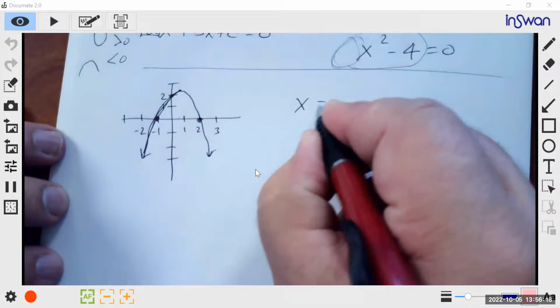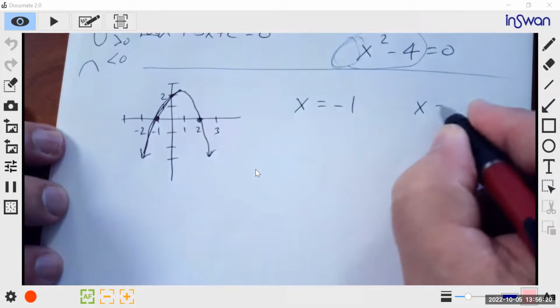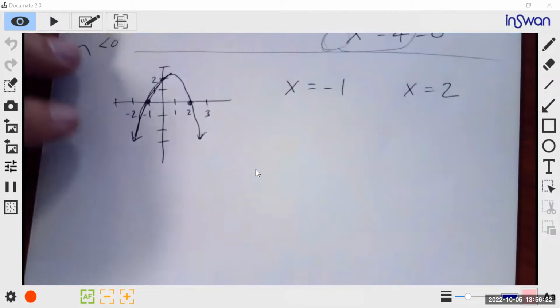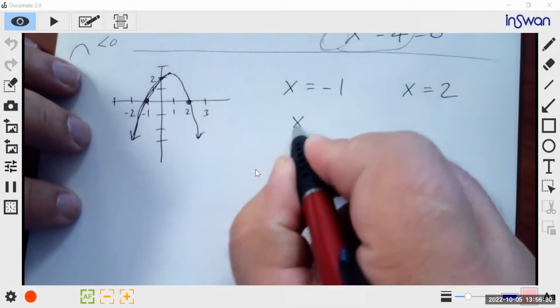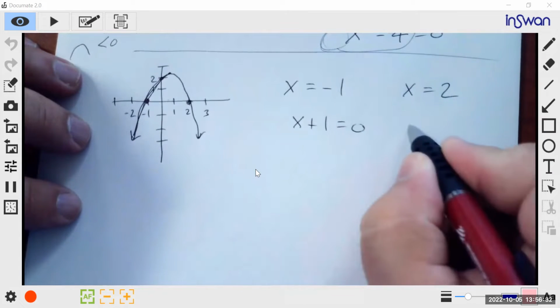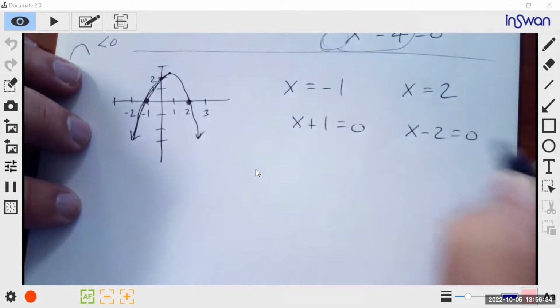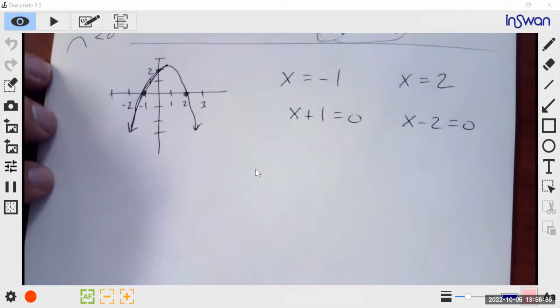So we know that the x-intercepts are at those. Do it the same way. Do everything the same way, except at the very end, change all the signs. X plus 1 equals 0. X minus 2 equals 0. Let's set them equal to 0.